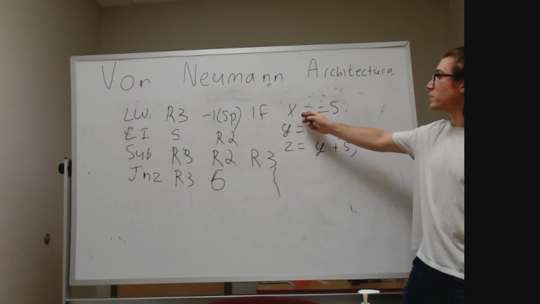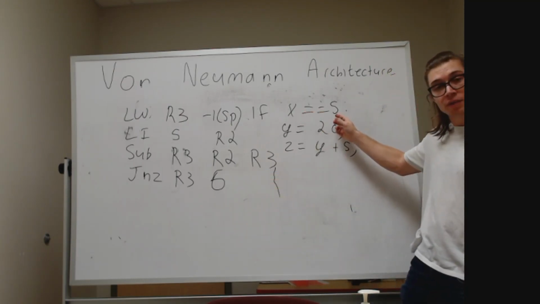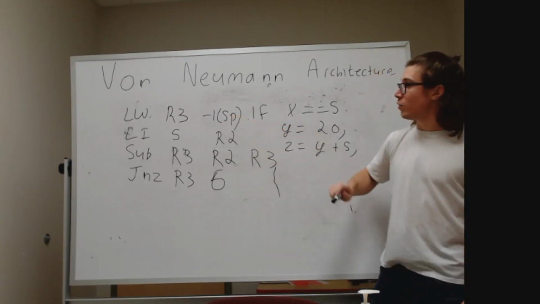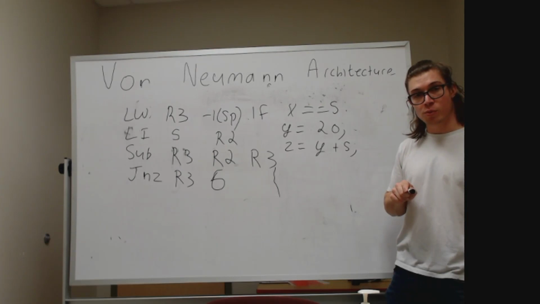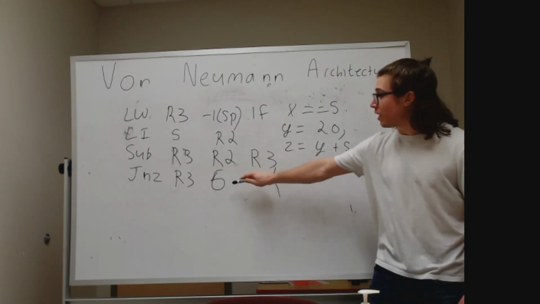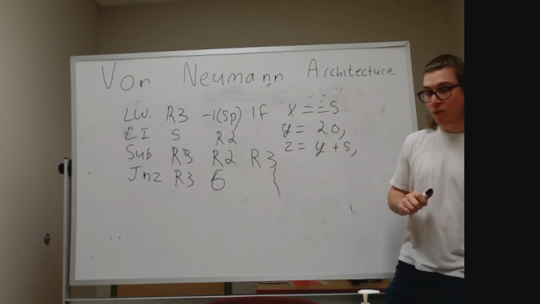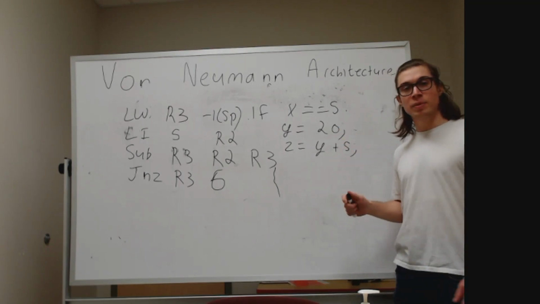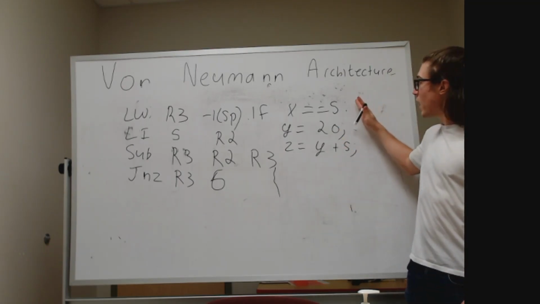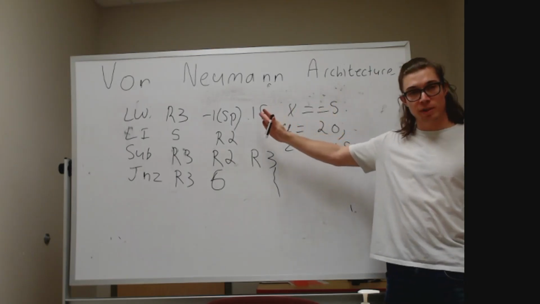So when it sees if x is equal to 5, it knows to load the value for x, load a 5, subtract 5 from the register where x is loaded, and then it says, well, jump if that register is not 0. So a compiler is a program that translates these high-level instructions into assembly code.